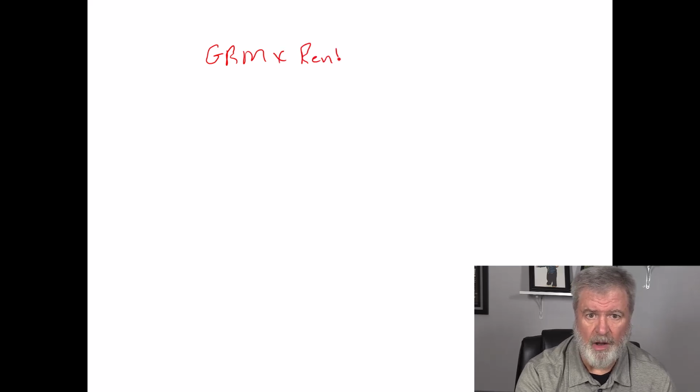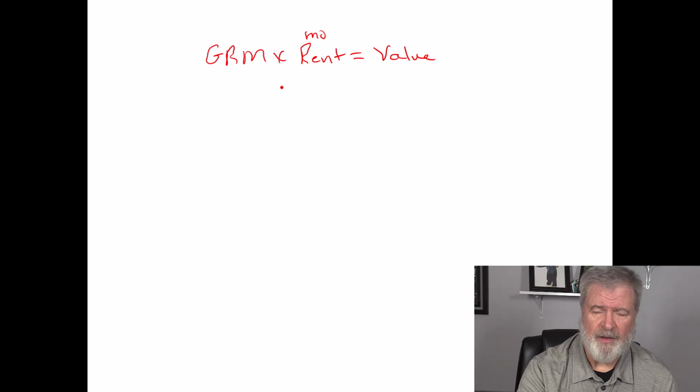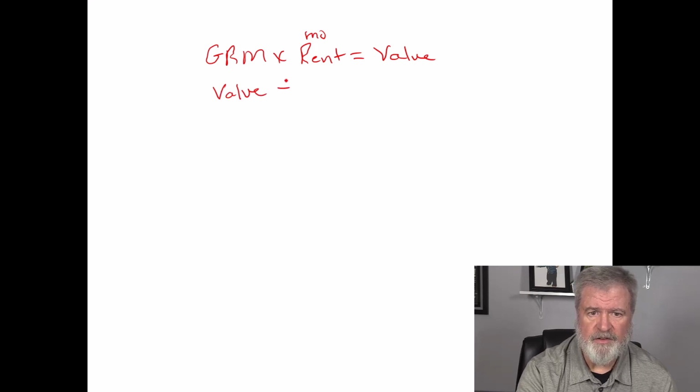But if we're trying to figure out the value, you take the gross rent multiplier times the rent. And again, we know that's monthly rent. And that will give you the value. Now, if I'm trying to figure out what the gross rent multiplier is, then I just take the value divided by the rent, again, monthly rent, and that will give me the gross rent multiplier.